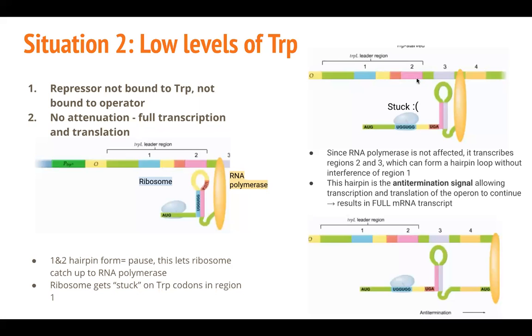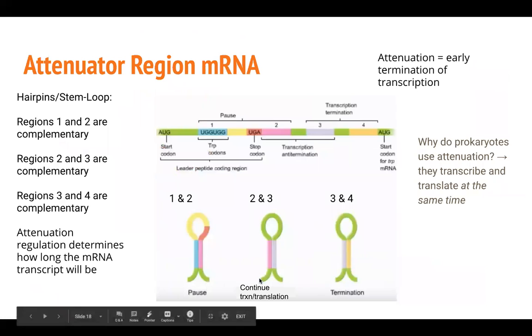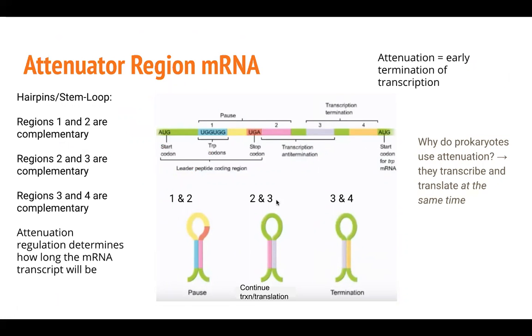Yeah, it gets stuck on 2. Sorry, I usually use a different diagram. No, you're good. You're trying to figure this out. If the ribosome gets stuck on 2, then 2 actually will base pair with 3, and it'll be this scenario, which will pause for a moment, but once the cell does eventually find enough tRNA tryptophan, it's going to continue.